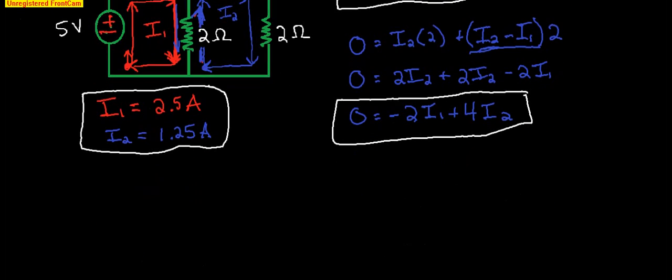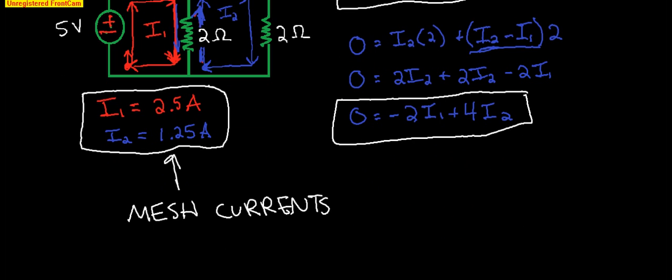And remember, these guys right here are the mesh currents. Okay, they are tools for figuring out the real currents. Okay, they can be the real currents, but where two meshes butt up against each other, they are not the real currents.